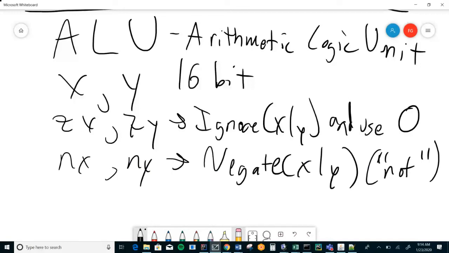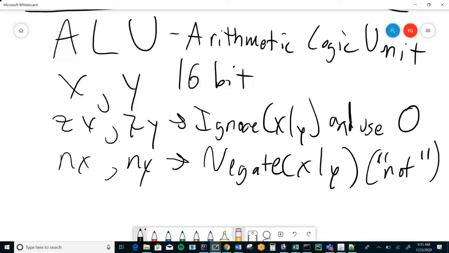Now something very important at this point is to think about, well, wait a minute. If I can zero it out and I can negate it, what happens if I do both things? So what do you all think the likely intent is here? You think the likely intent is if they're both set that you first negate it and then zero it out, or that you first zero it out and then negate it, producing a bunch of ones?